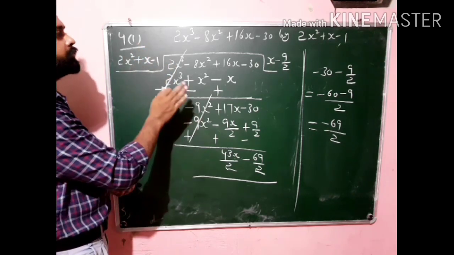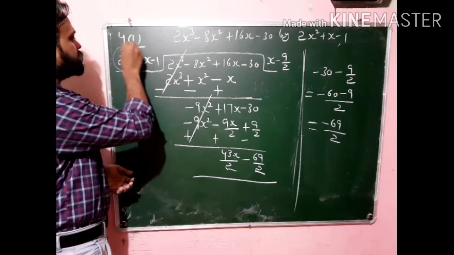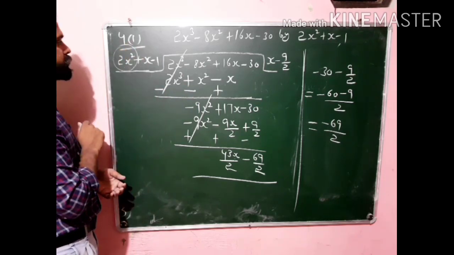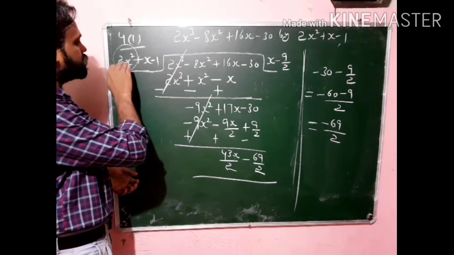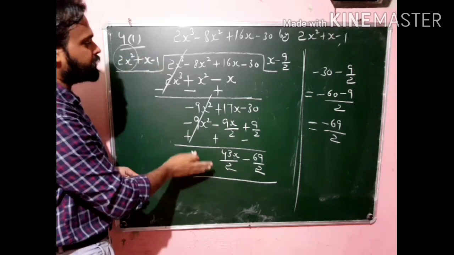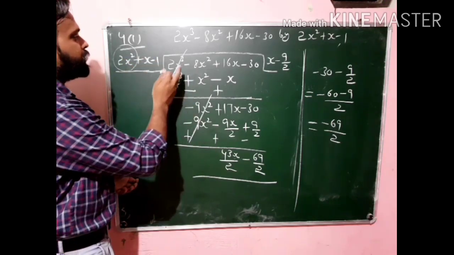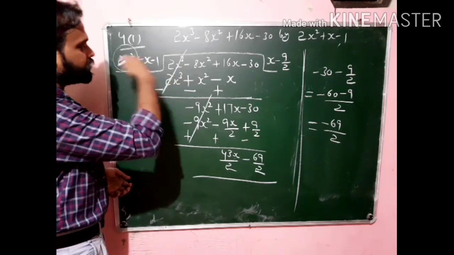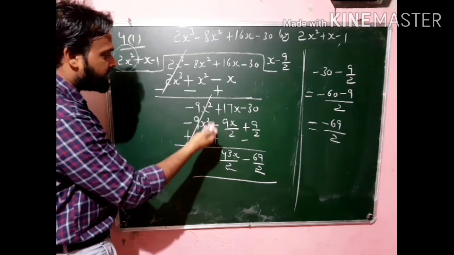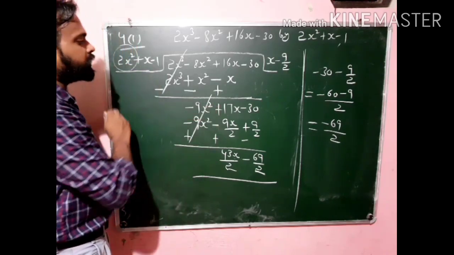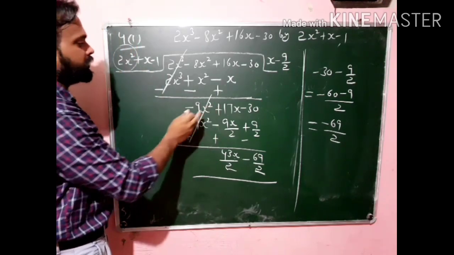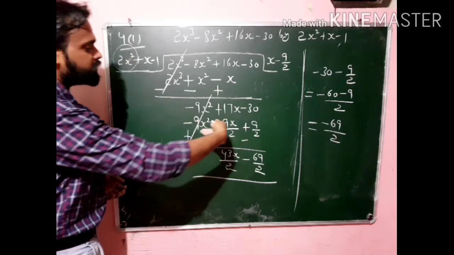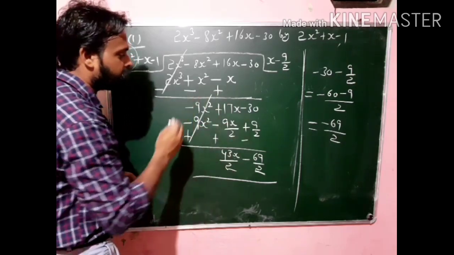While solving we have to see the highest power of the divisor. The highest power of the divisor is 2, and we have to compare this power always in each step with the dividend. When the power of the dividend is greater, means in this case 3, then we can divide the polynomial. When the power of the dividend is equal to the power of the divisor, even in this case we can do the same steps, means we can divide the polynomial.